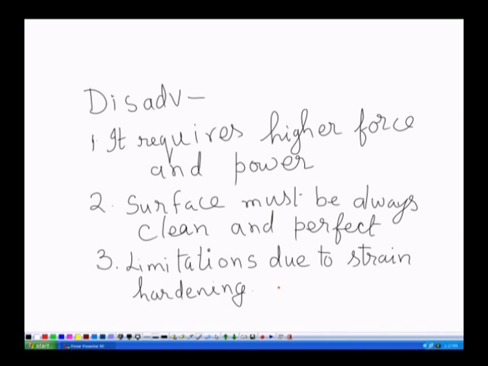Of course, ductility decreases, and malleability.